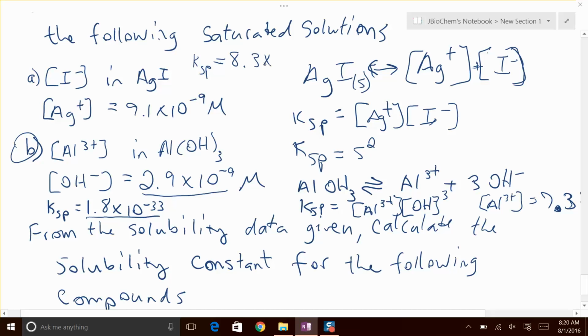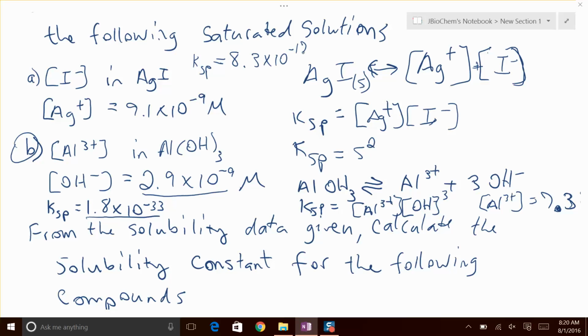So it would have worked out either way, but we didn't need to do that because we knew that the concentrations of these have to be the same. So whatever the concentration of that is, is the concentration of the other thing. But that would just verify it for us, I suppose.